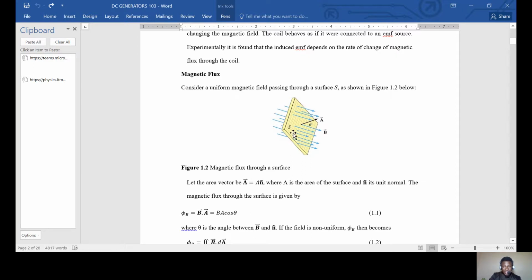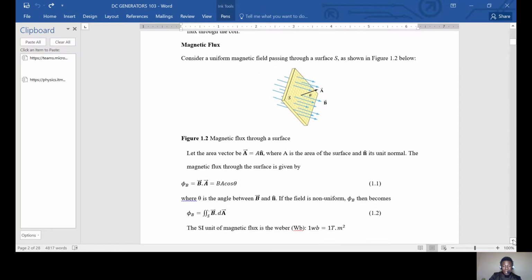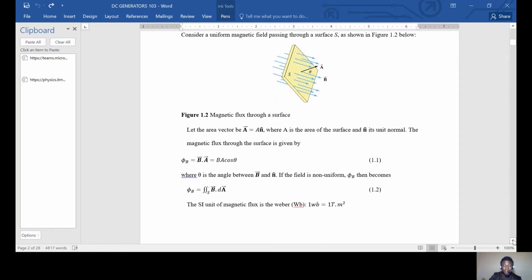The surface is S. The magnetic flux through the surface is given by phi_B equals vector B dot vector A. Taking the magnitude yields BA cos theta, where theta is the angle between B, the magnetic field, and the unit normal n.